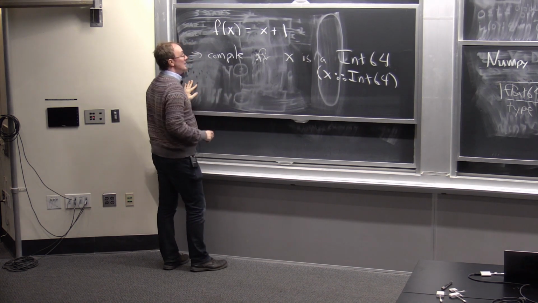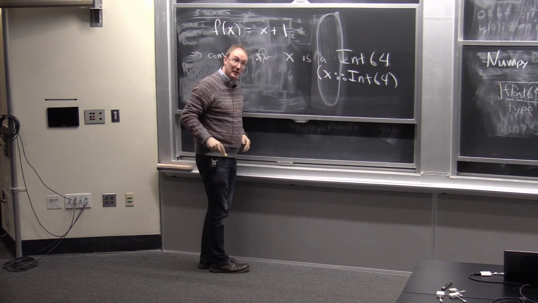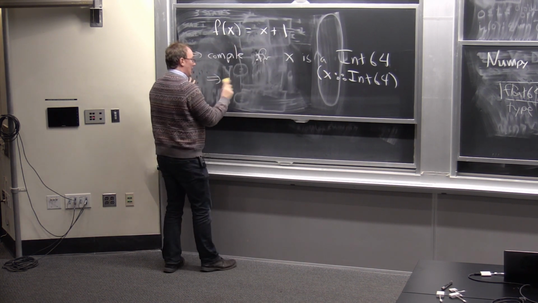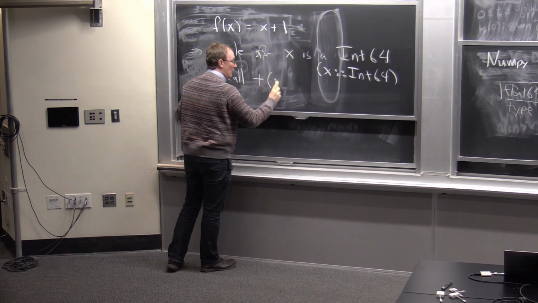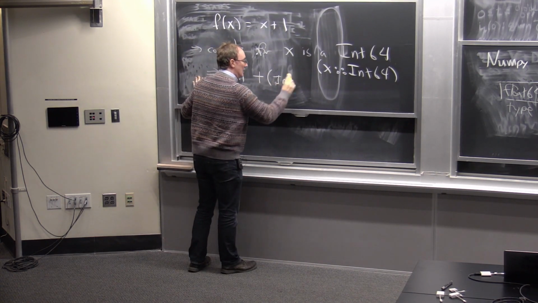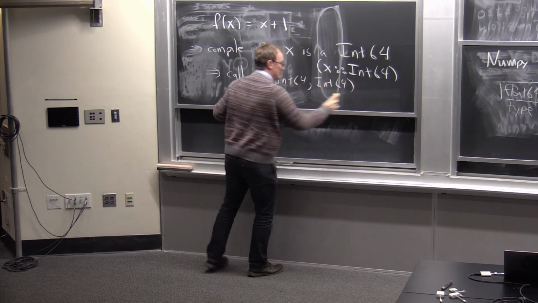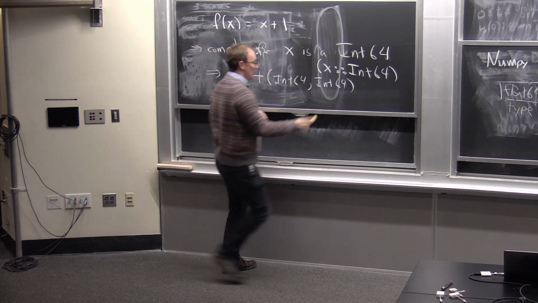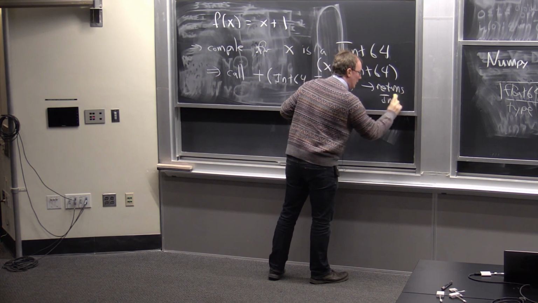So it first realizes this is an integer, and this is also a 64-bit integer. That means I'm going to call the plus function for two integers. So I'm going to look into that function, and that one returns an Int64.